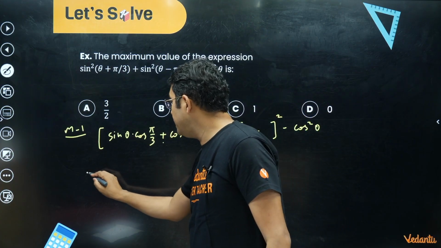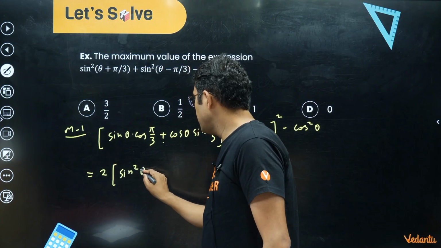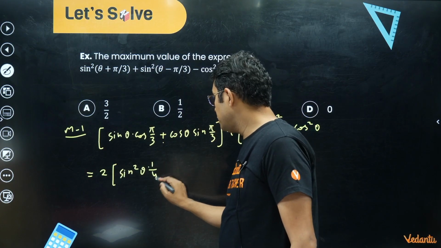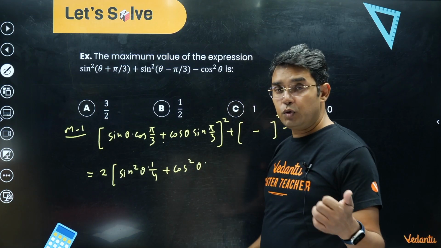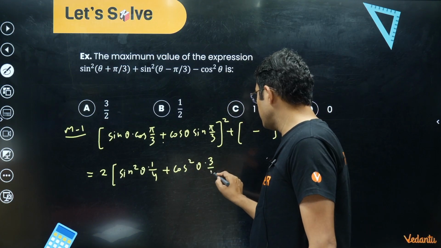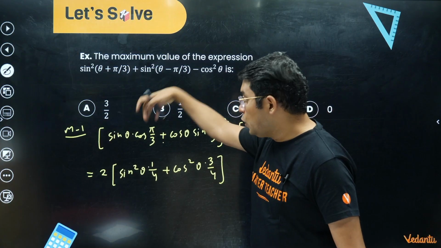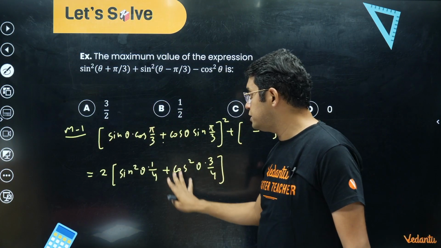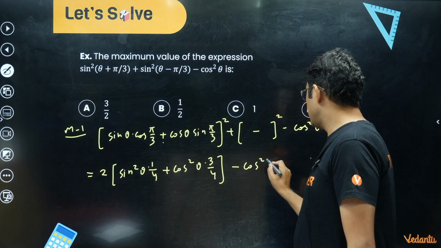So we will be getting here 2 times sine square theta into cos square pi by 3, which is 1 by 4, plus cos square theta into sine square pi by 3, that is 3 by 4. These two brackets are taken care of because 2ab term here minus 2ab term will get cancelled. Only a square plus b square is written here with 2 outside and minus cos square theta.